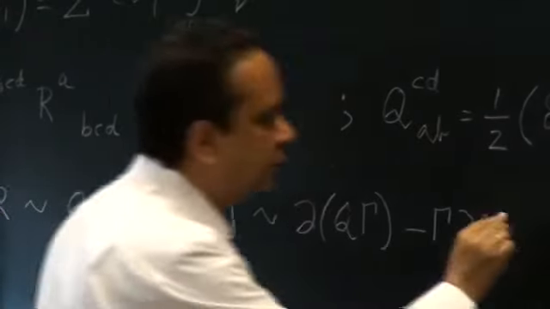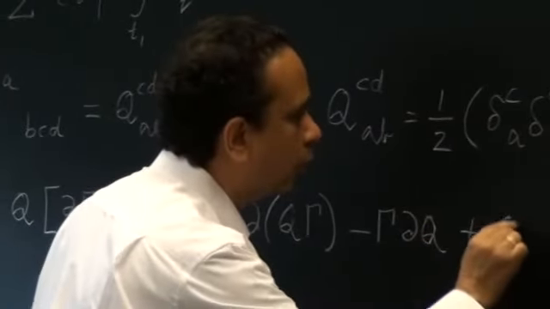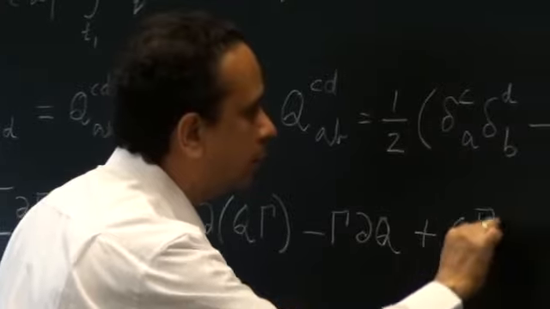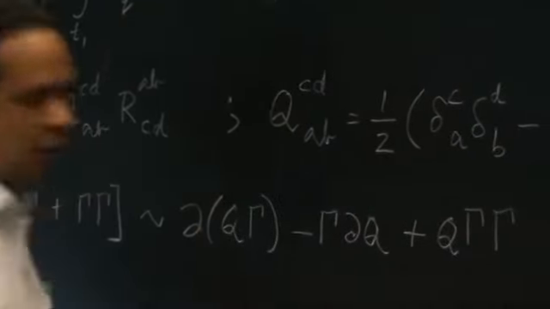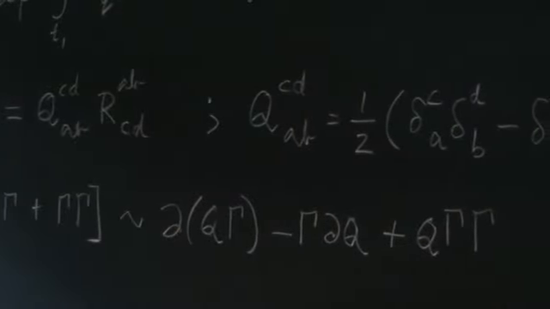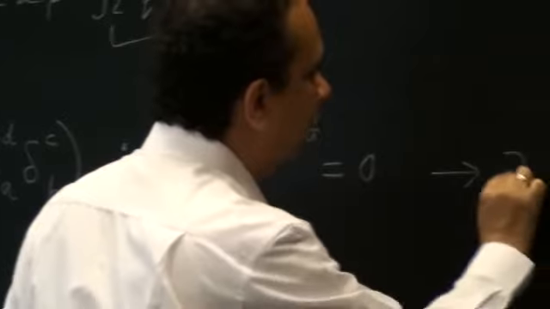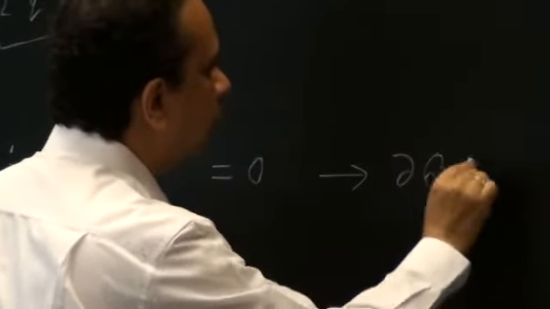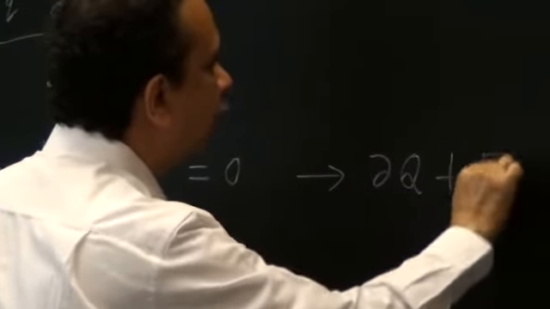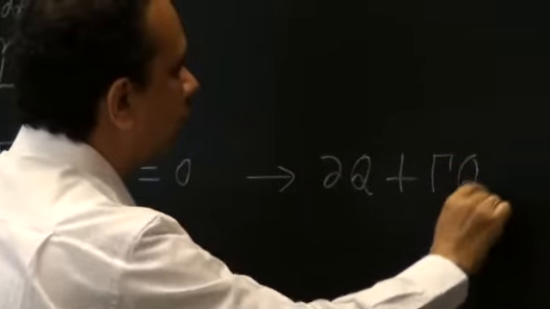Then you have a term which is plus Q gamma gamma, all indices suppressed. Now you go and use this condition. What this condition tells you is that you have a dQ plus a whole lot of gamma Q equal to 0.